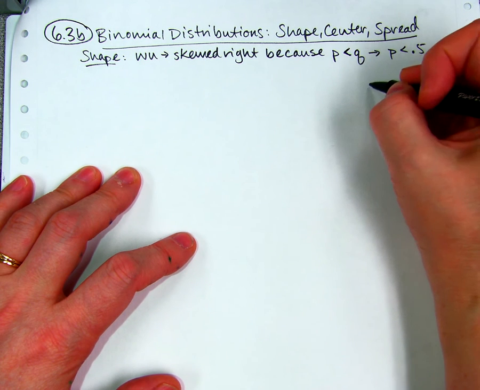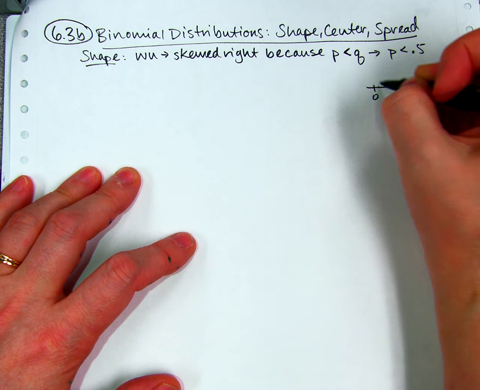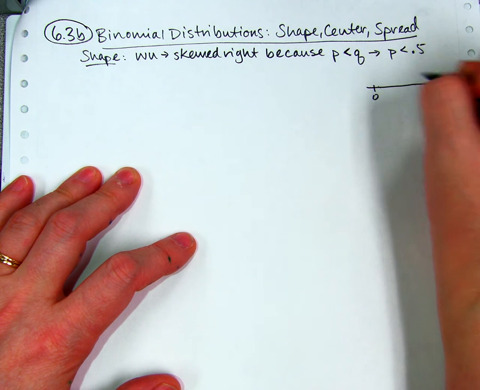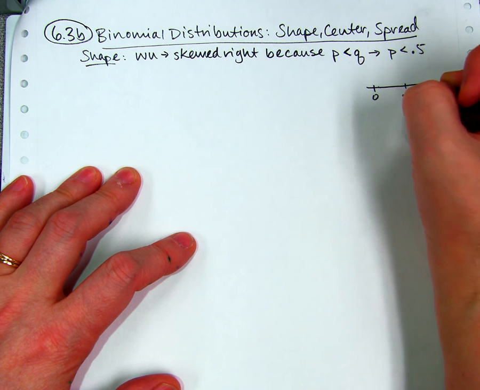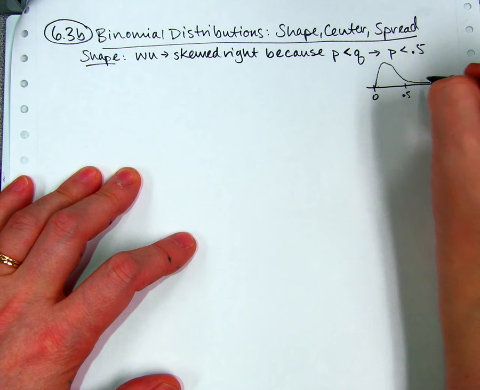And so what that does is it makes your distribution lean towards 0. You're more likely to get 0 than 1 because 0.5 is in the middle, and that means most of the data is in this region, and that would be skewed right.